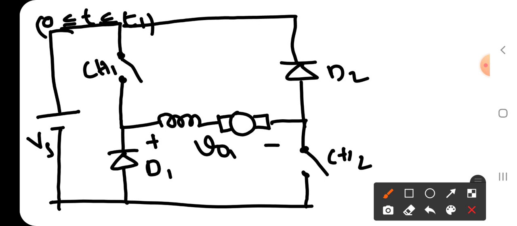First quadrant, first mode: we turn on the two choppers, CH1 and CH2.